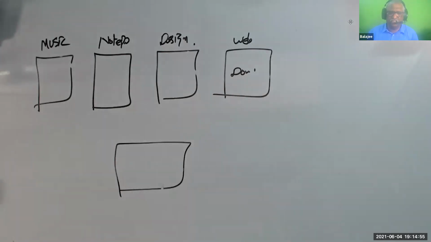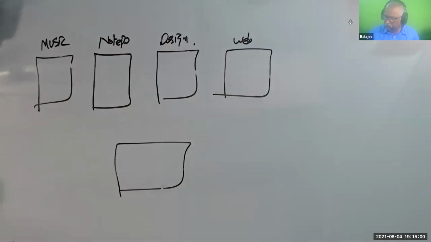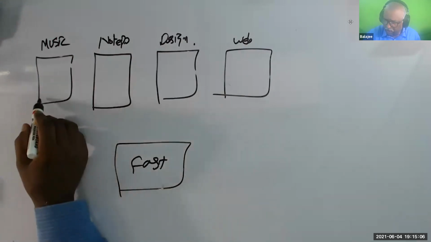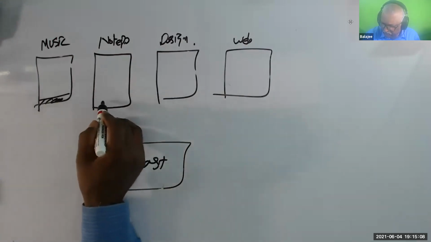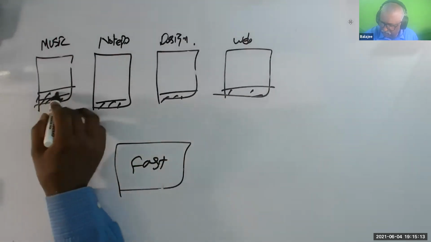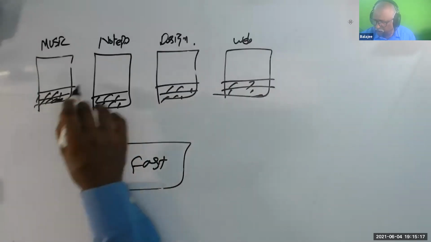You do so many activities, but there is only one microprocessor. What it does is, it is very, very fast. So it does some activity of this one, then goes here, then comes back, then goes again. It does a round robin.